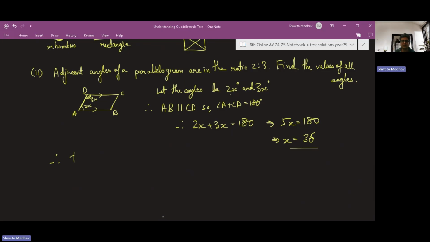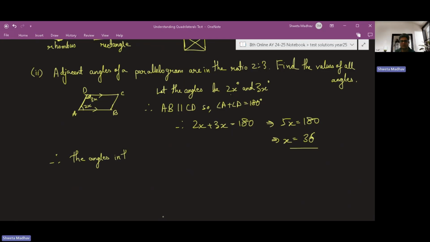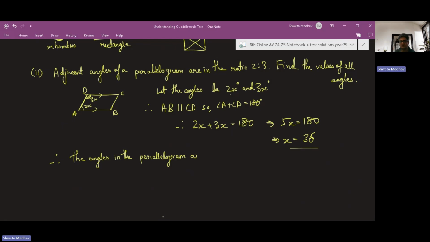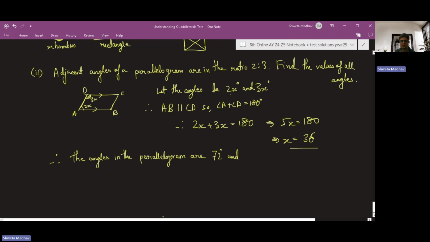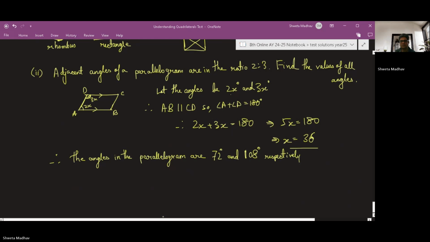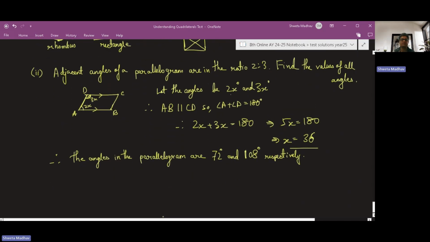So the angles in the parallelogram are 36 times 2, which is 72 degrees, and 36 times 3, which is 108 degrees, respectively.